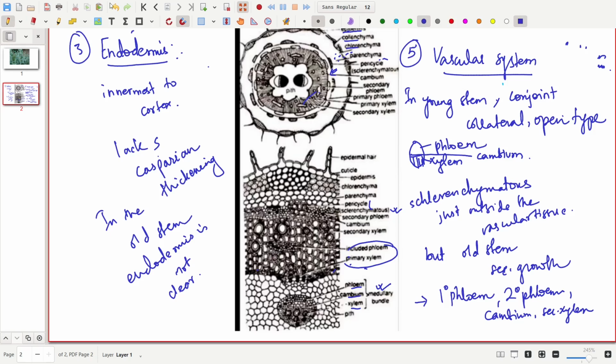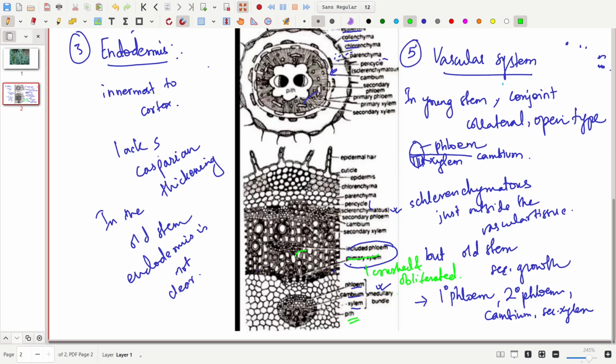Now the primary phloem here is crushed and obliterated. The primary xylem is present near the pith.